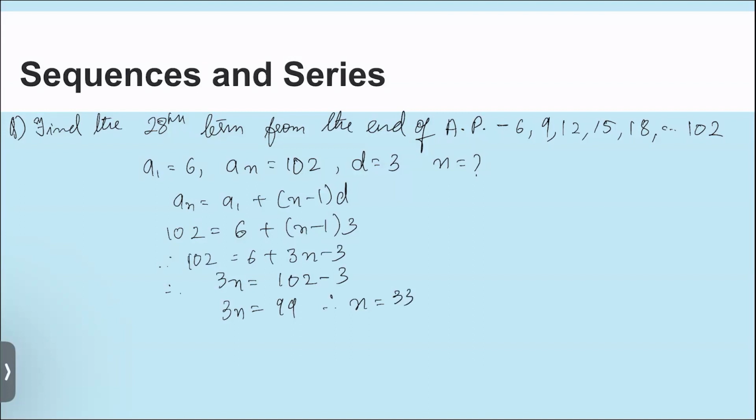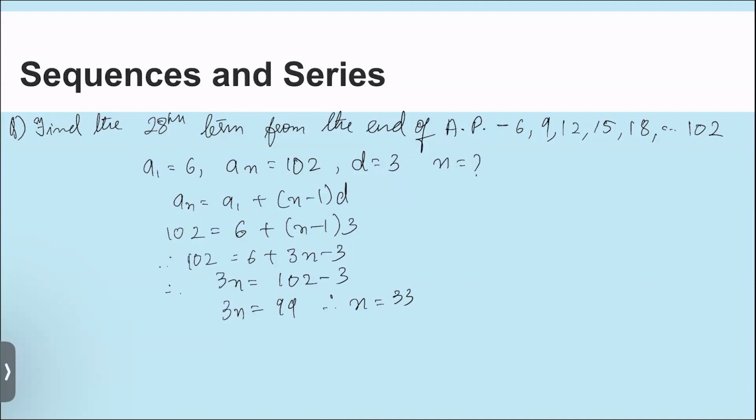Okay, so now our N is 33. Now when we have to find a particular term, suppose we are looking for the rth term from the end of the arithmetic progression, it can be given with respect to the term starting from the first term of the AP.